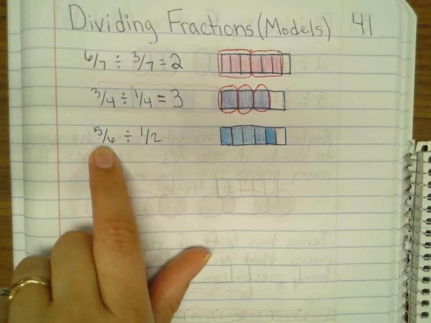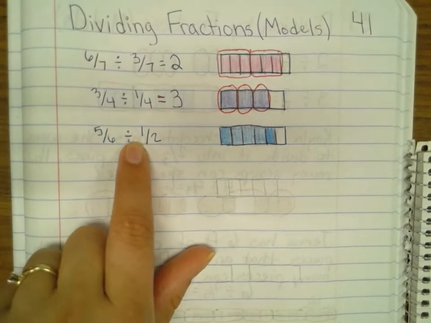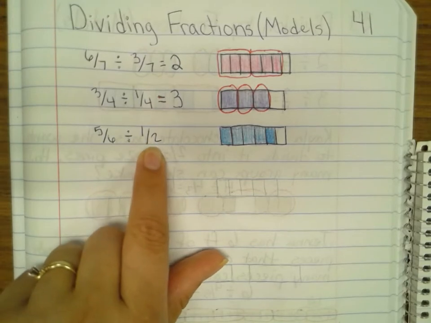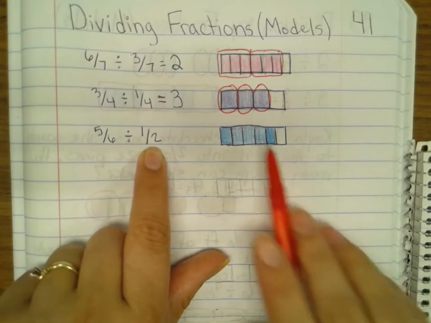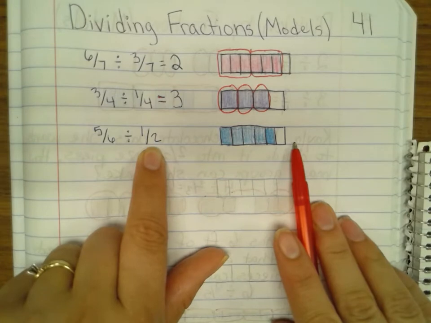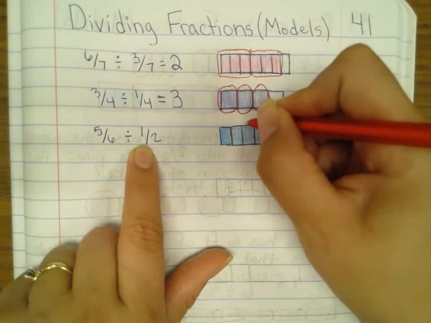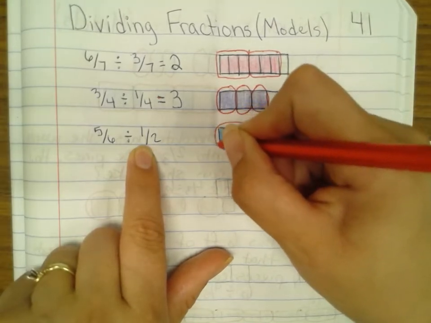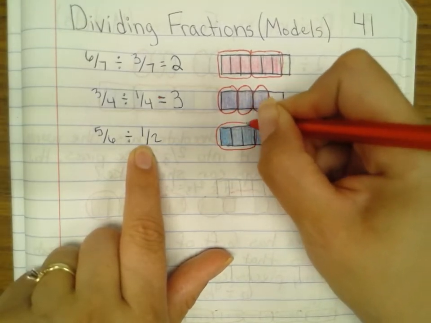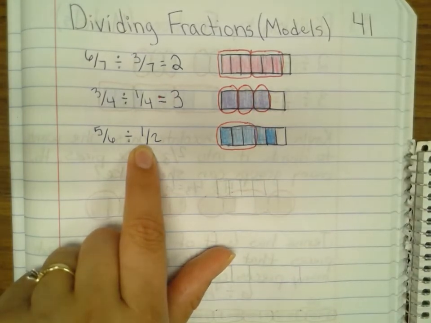If I have 5/6 and I want to split it into groups of 1/2, half of one of these units, if it's already split into 6 pieces, half is the same as 3/6. So I'm going to split this. Here is half of the whole unit. There's one group.